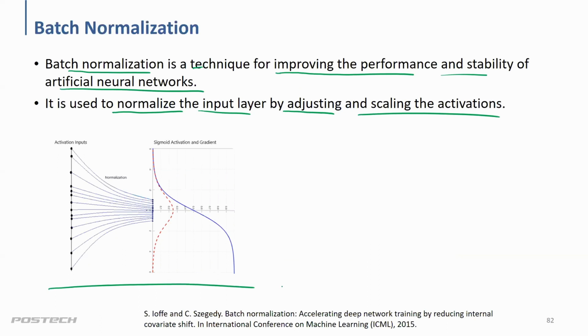If you take a look at each neuron, the scale might be different, and I'm going to normalize it so that everything is within certain values. In each iteration we do batch normalization like that.